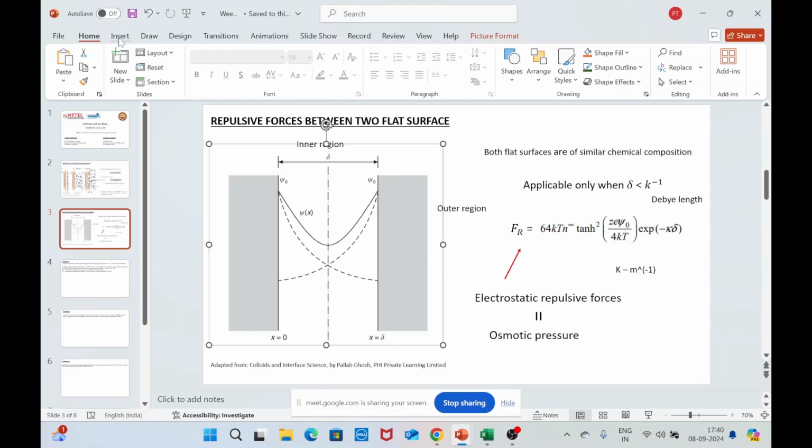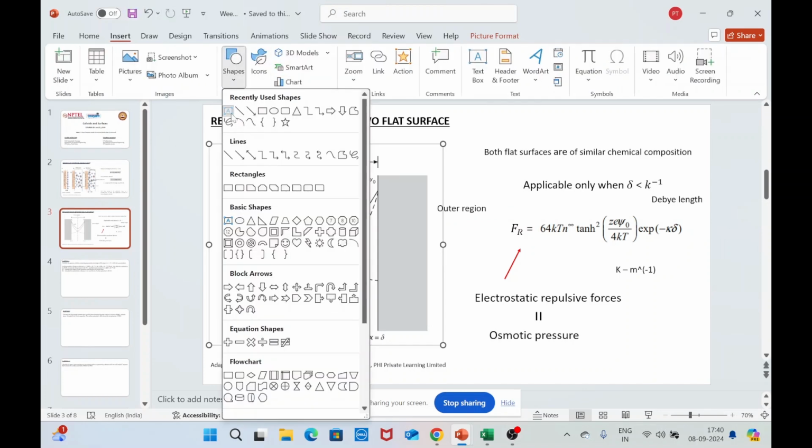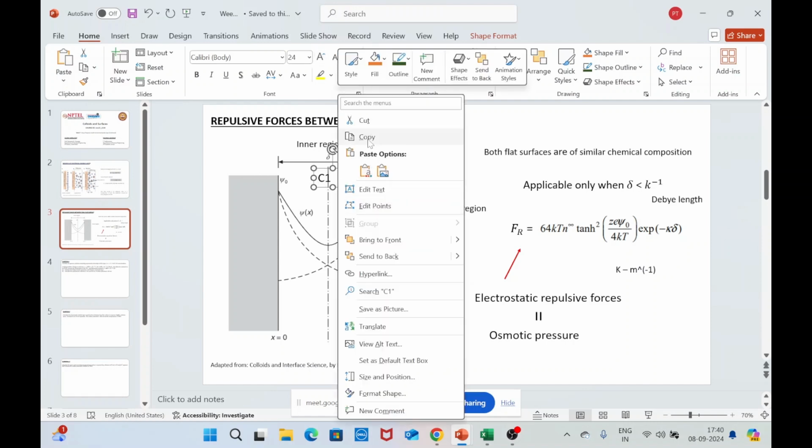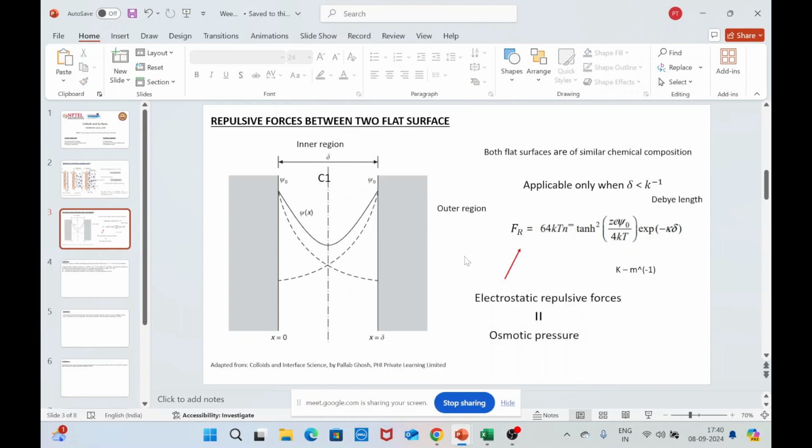The concentration of the electrolyte ions, let's say, is C1 in the inner region, and let's say this is C2 in the outer region.